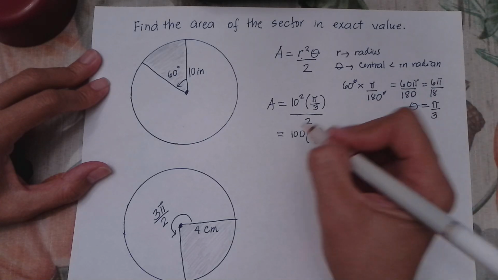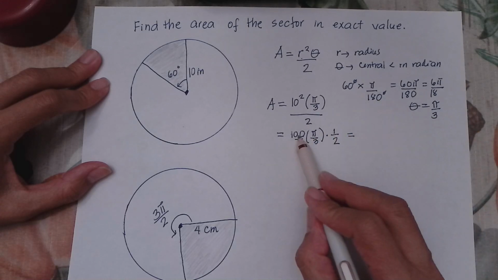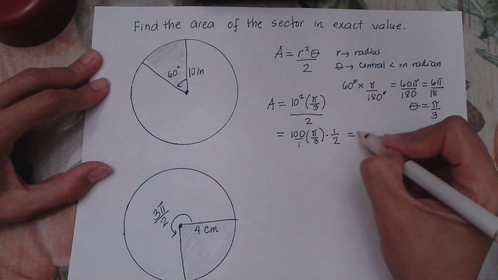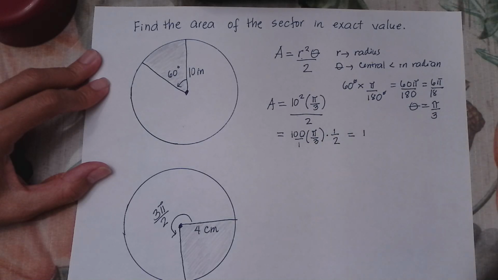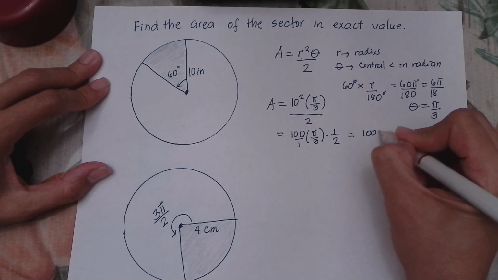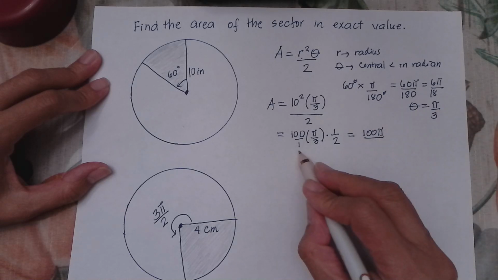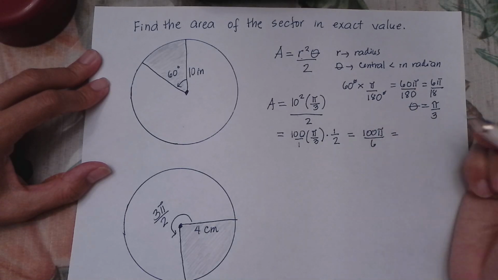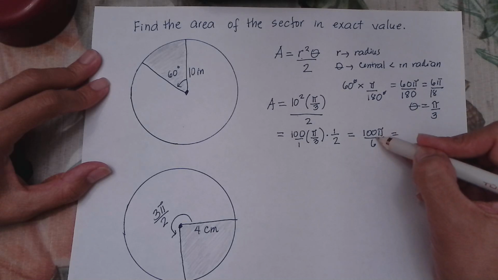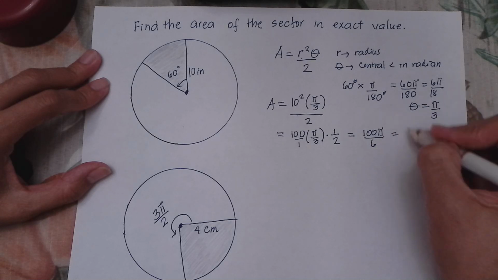But if you can't see it that way, you can multiply them across. 100 times pi over 1 times 3 times 2, 6. But you need to still simplify that. This is divisible by 2 because they are both even numbers.